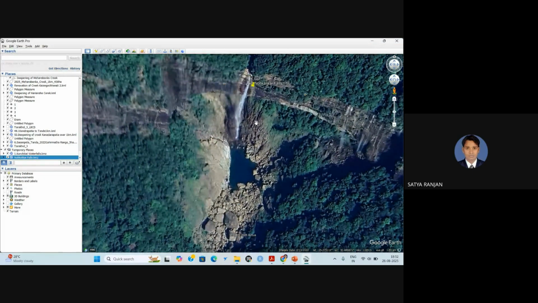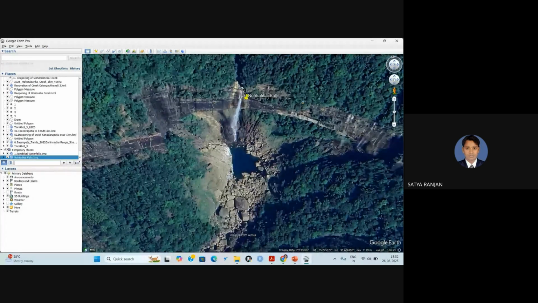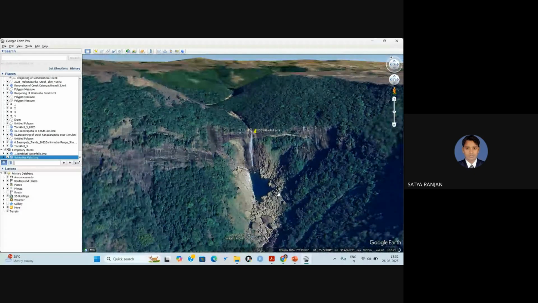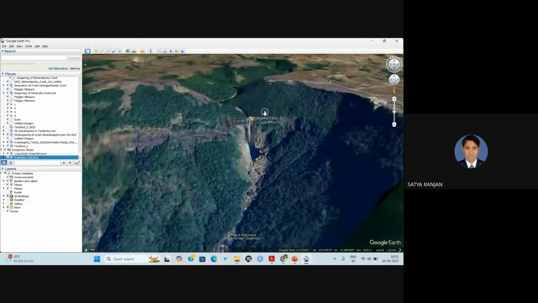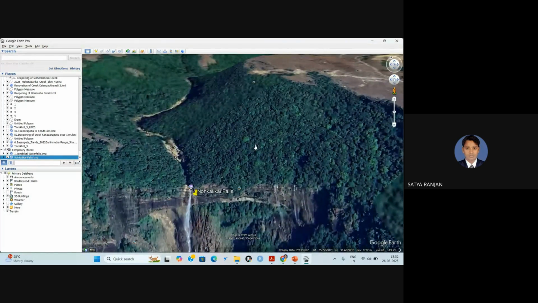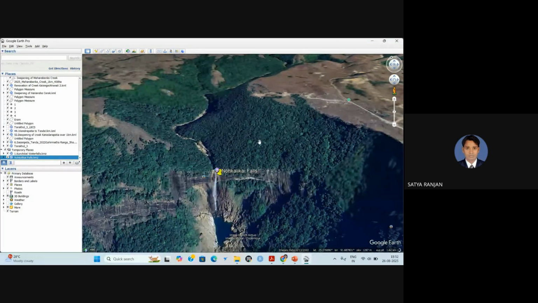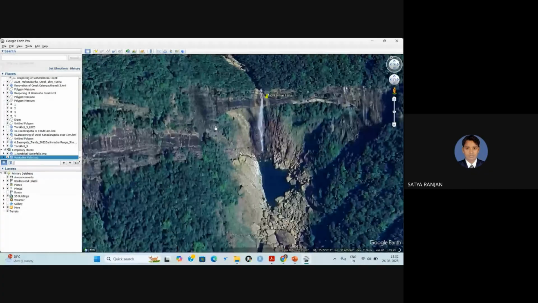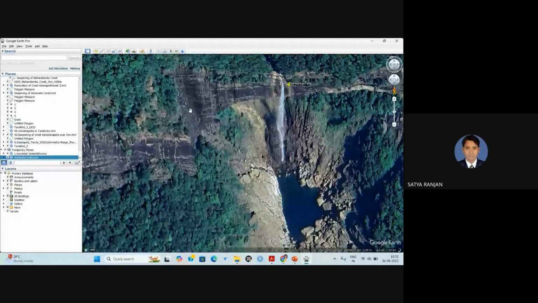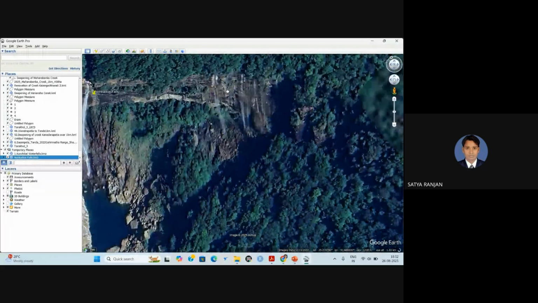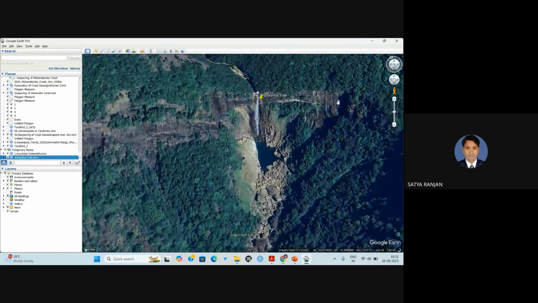This is one of the waterfalls which is present in Manipur. This is the hard rock which is present in these areas. This area is showing patches that are horizontally present.